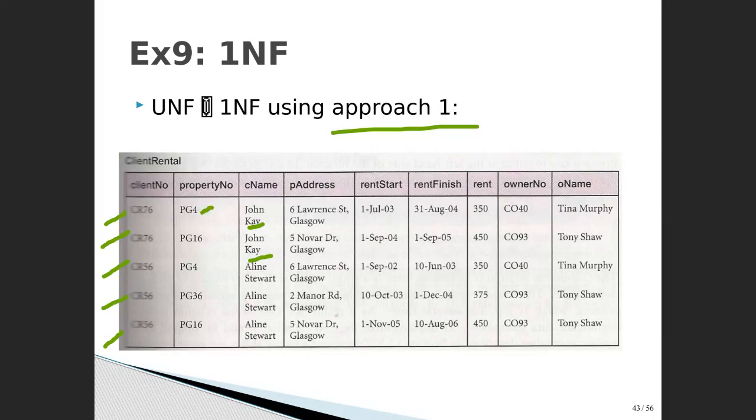This is approach number 1. So now we can call this relation a first normal form relation using the first approach, flattening the table.